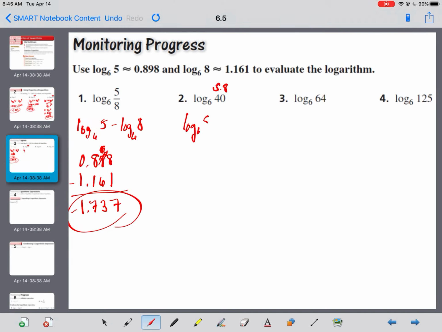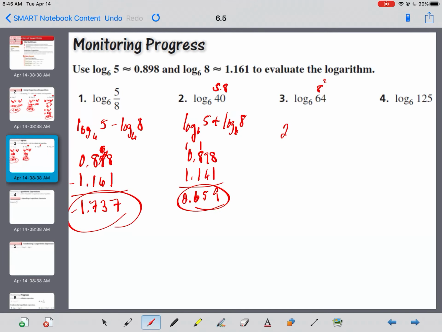Log base 6 of 40, well, that's 5 times 8. So we got log base 6 of 5 plus log base 6 of 8. So 0.898 and 1.161. 8 plus 1 is 9.